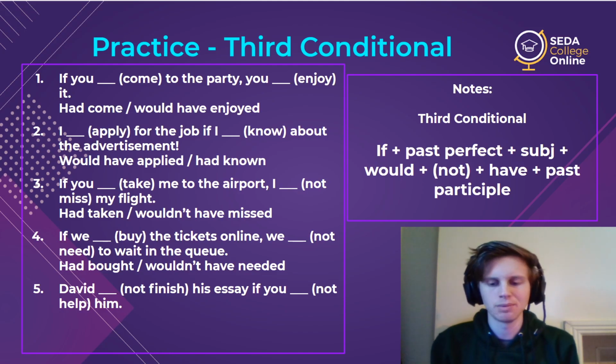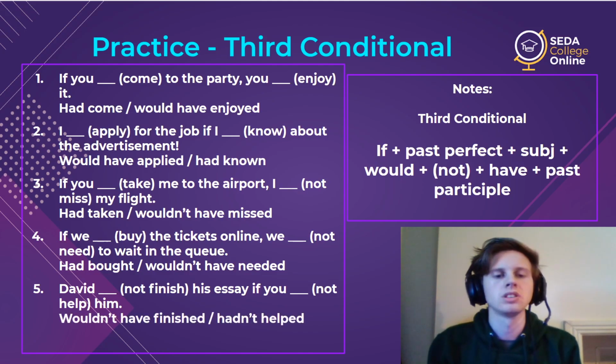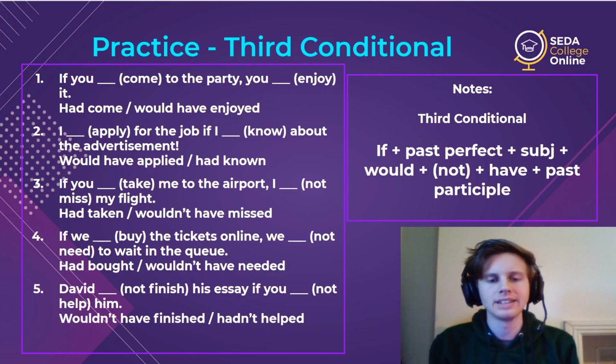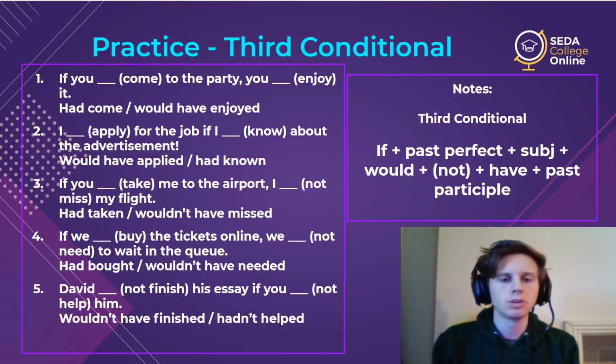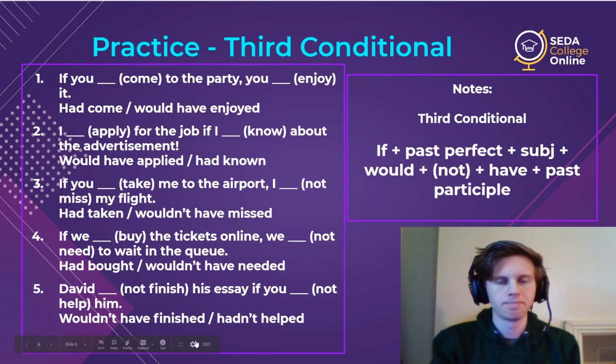All right, let's see what you have. David wouldn't have finished his essay if you hadn't helped him. So we've got a double negative, meaning I did help, he did finish, and so the other is not possible. He wouldn't have finished if you hadn't helped him.